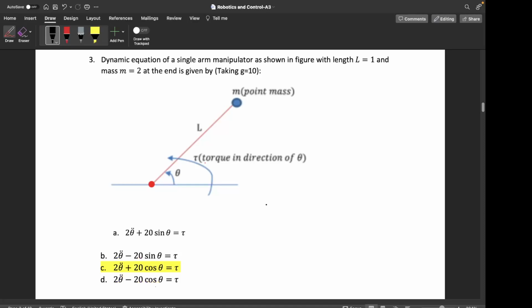You would have seen in the lectures how to find the equation of motion for various manipulators, like point mass manipulators or manipulators having distributed mass also. This case is not much complicated. You can use fundamental concepts of angular momentum balance to solve this simple problem.